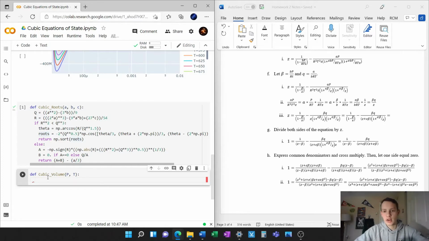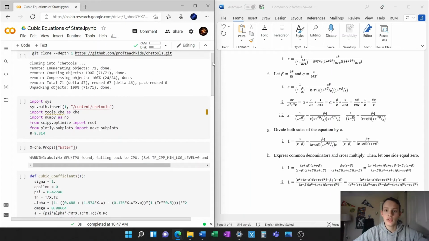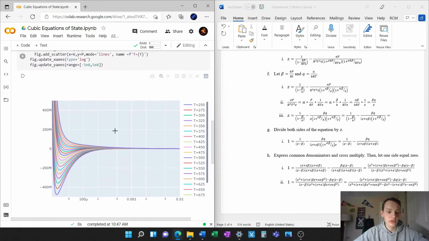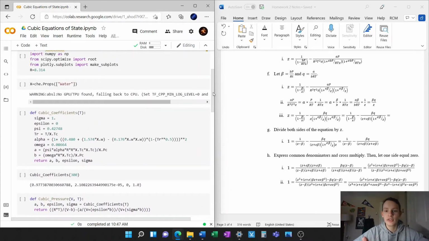Well, we're dealing with a generic cubic equation of state. And fortunately, we are operating under the same notebook that I used to make our isothermal curves of pressure versus specific volume in a previous video. And what we had to do for that is we had to find the coefficients of the general cubic equation of state, A, B, epsilon, and sigma.